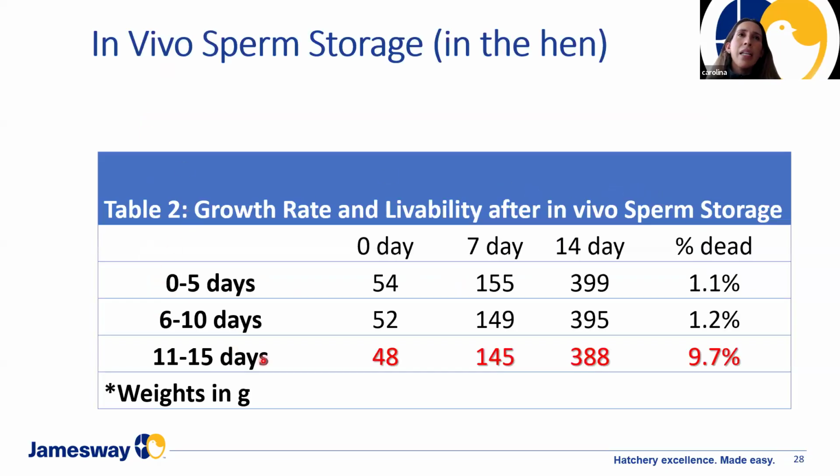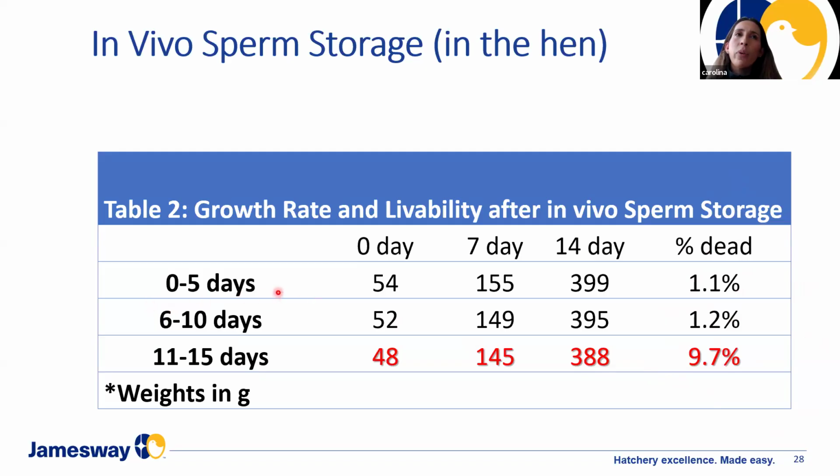This other study shows the growth rate and livability after sperm storage. Here we have the days of livability of the chickens, and the percentage of the chickens on farm.